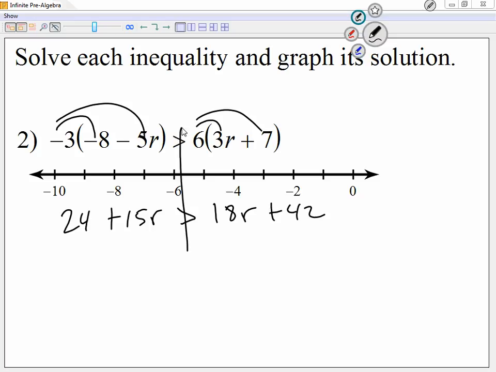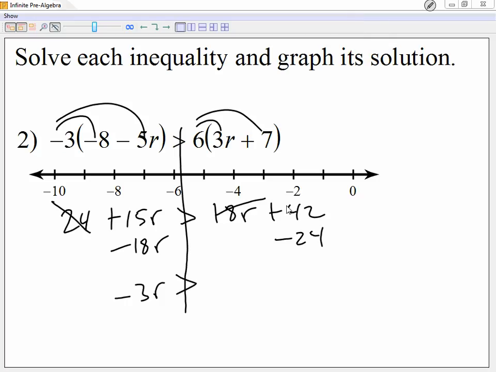When I separate them with the inequality sign, letters on one side, so my 18r, let me move it as a negative 18r. My 24 from the left, let me move it as a negative 24. Letters on one side, numbers on the other. I know 15 and a negative 18, right? When I want to simplify, 15 minus 18, that gives me negative 3r. On the right side, 42 minus 24, that gives me 18.